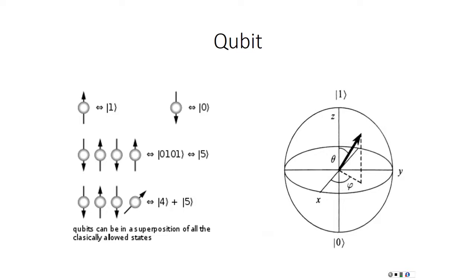Let's give a problem to Sam and he will solve it off the top of his head. Suppose you have 3 qubits and they are all in the state 1, so 1, 1, 1. How do you convert it into decimal? Which number will it be?